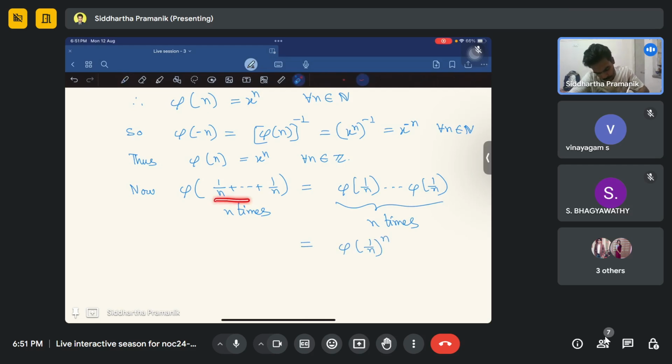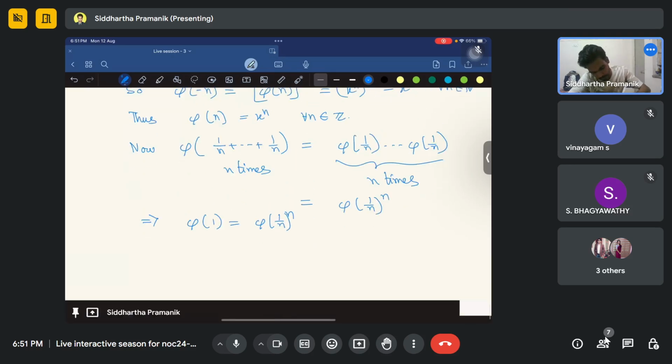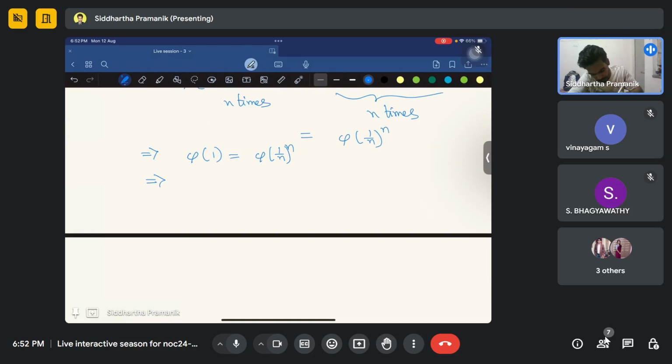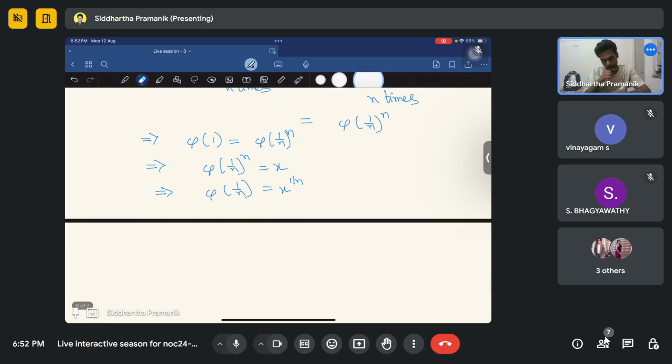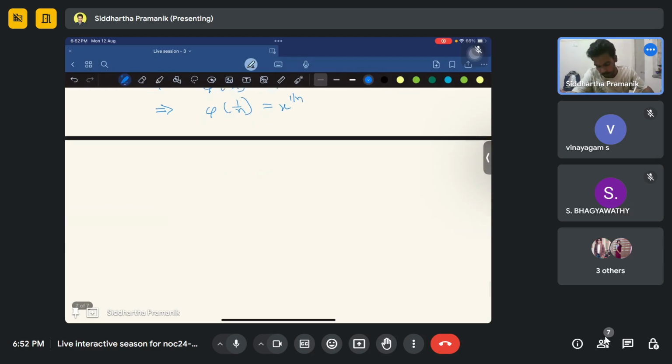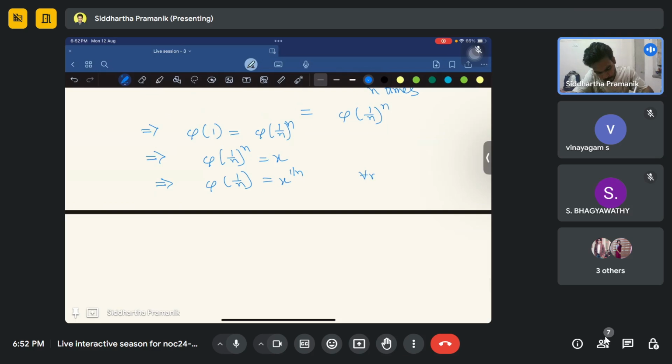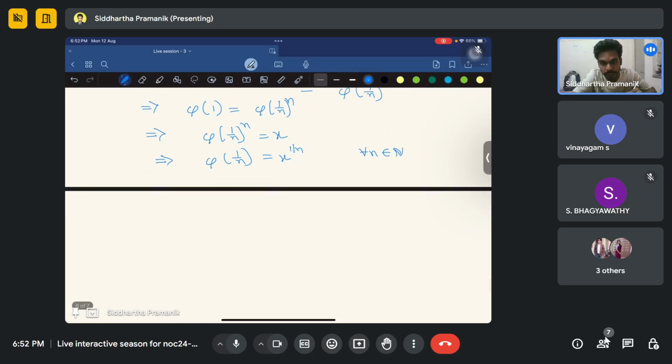But what is this one? This one is 1, right? So this implies phi of 1 is equal to phi of 1 by n power n. So that means phi of 1 by n power n is equal to x. So phi of 1 by n is equal to x power 1 by n. And this is true for all natural numbers. I hope this is clear.